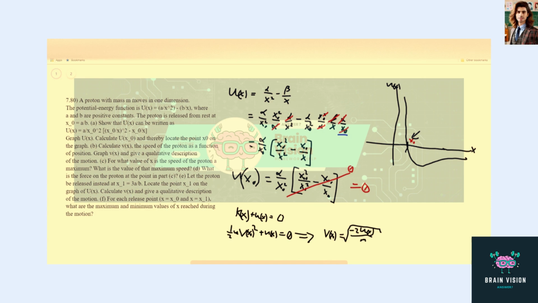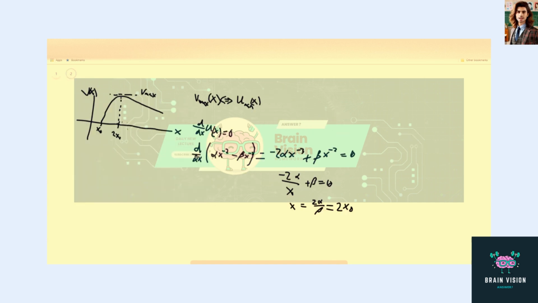Let's see what's next. What's the value of maximum speed? Did we determine that? No, we just determined the position where x is. So we need to determine what the actual maximum speed is. So we can go back to our equation for velocity. So at 2x naught, that was equal to the square root of -2 over m times u of 2x naught. Now we can substitute in what u of x is, and I don't want to write it all down again.